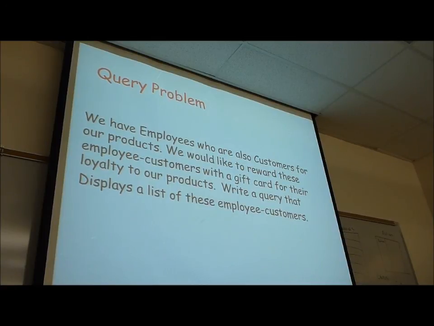Okay. So we have employees who are also customers. These are voluntary customers. We would like to reward these employee customers with a gift card for their loyalty to our products. So we'd like to write a query that displays a list of these employee customers.